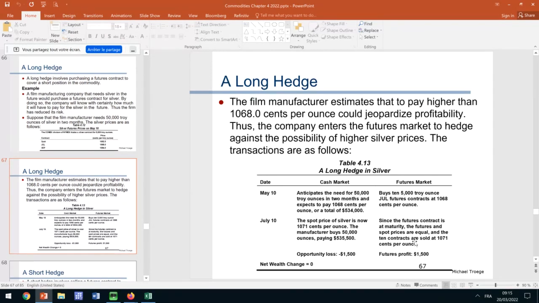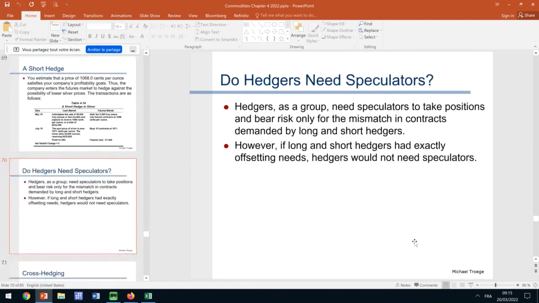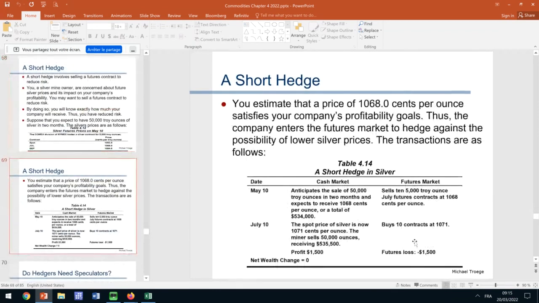So even if you don't ask for delivery, even if you offset your contract, you will be hedged, because the gain you make on the contract will compensate you for the price change in the spot market. That is pretty obvious, and the same thing is pretty obvious for the short hedge.